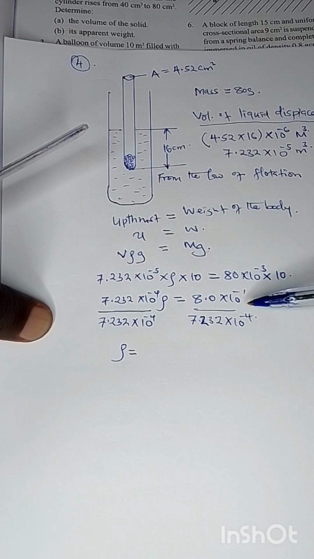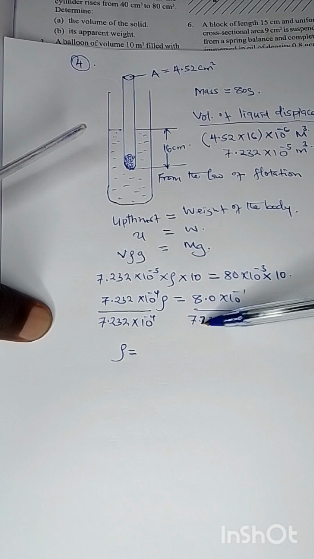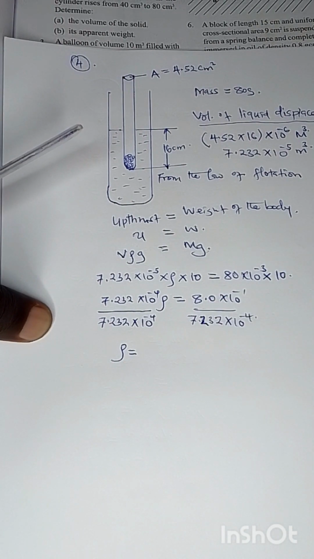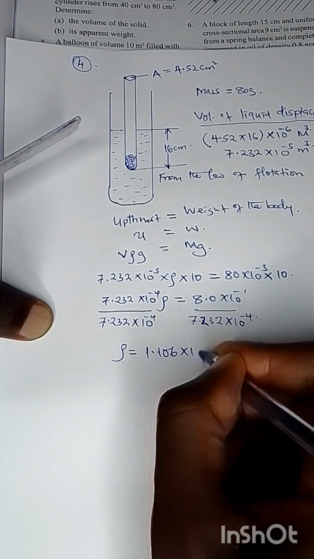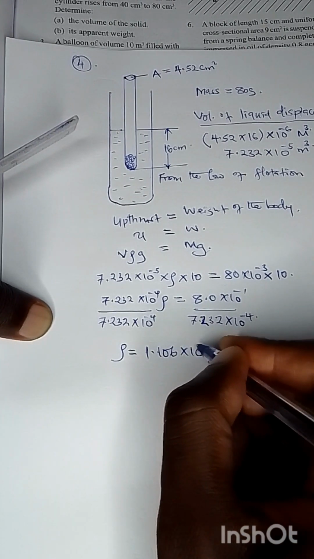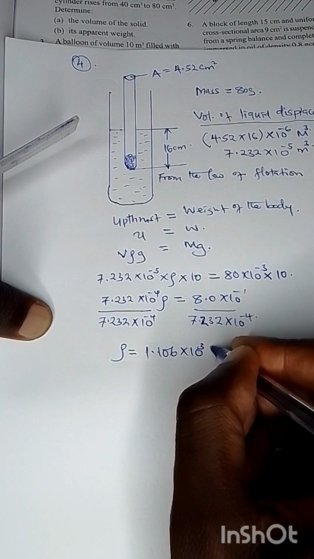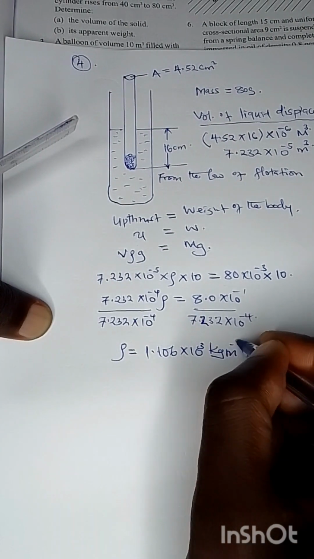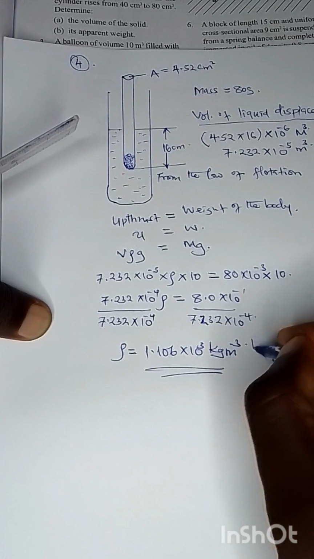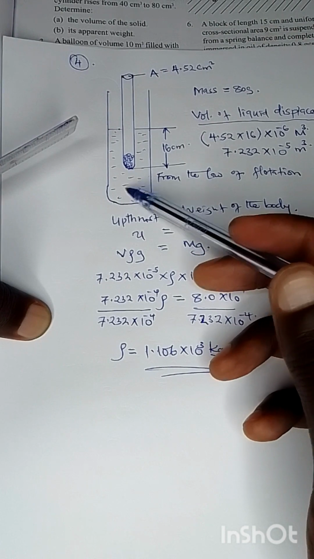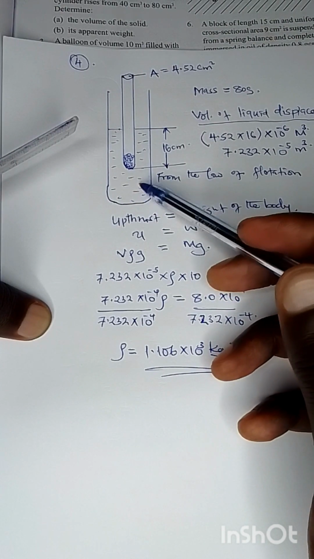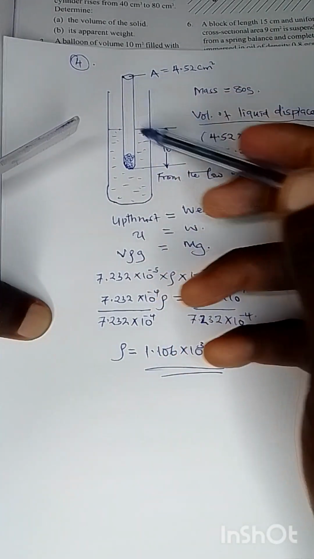When you do that, you'll get 1.106 times 10 to the power 3 kilogram per cubic meter. So learners, this is the density of the liquid in this outer container, the density of the liquid that was being displaced by the test tube and its content.